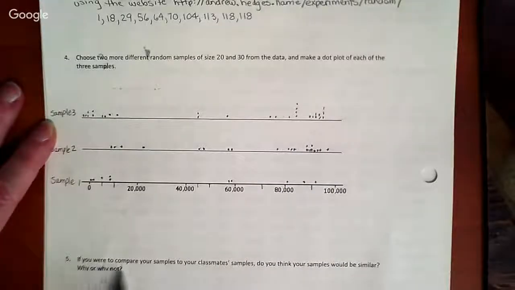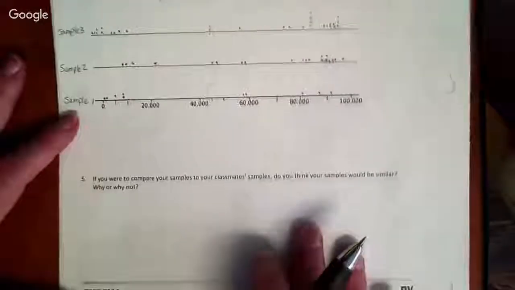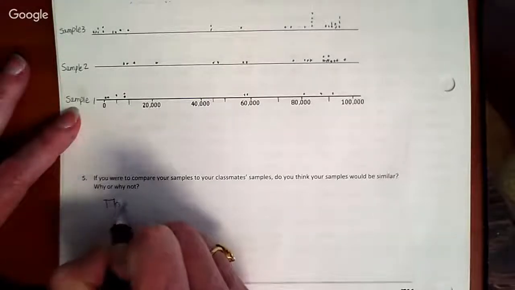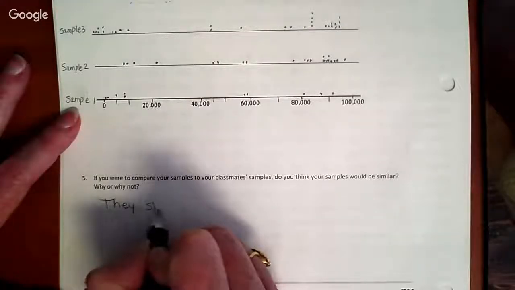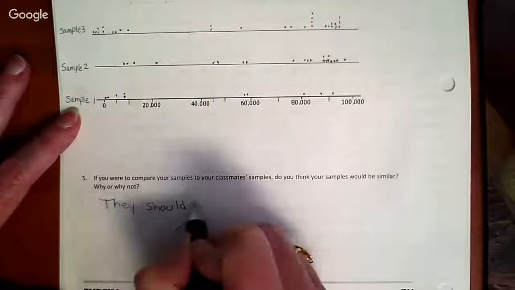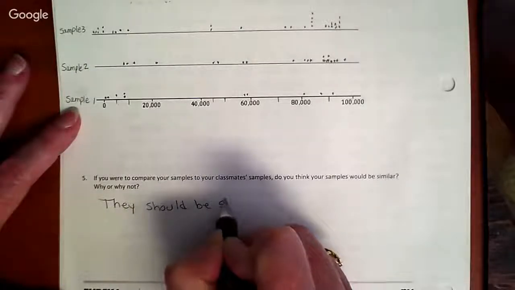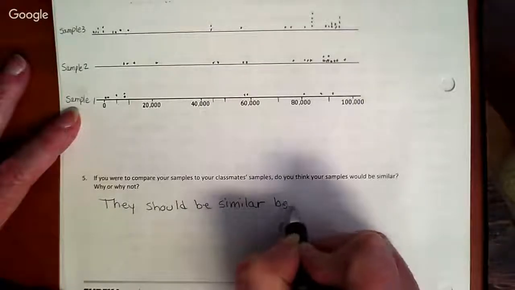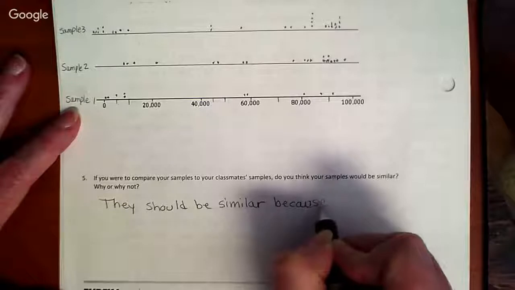So it says, if you were to compare your sample to your classmate's sample, do you think your samples would be similar? Why or why not? Okay. Well, they should be similar because they came from the same population.